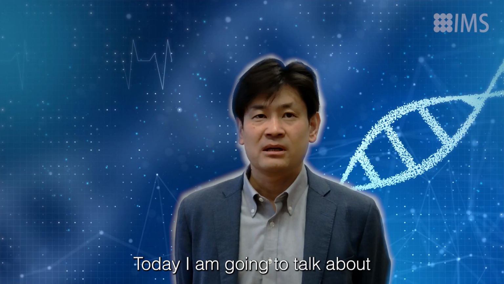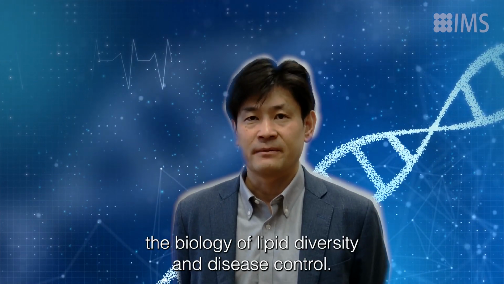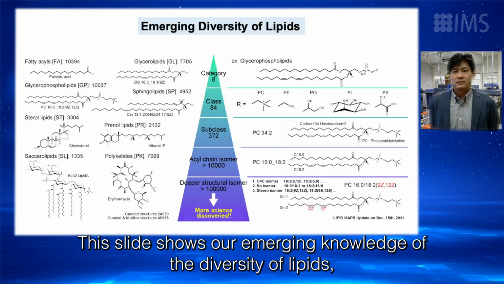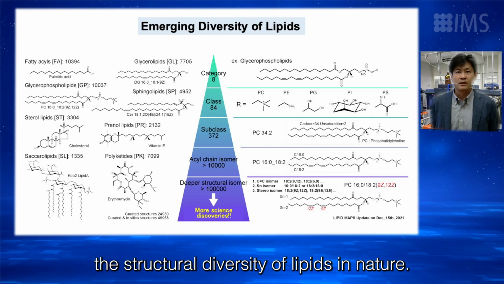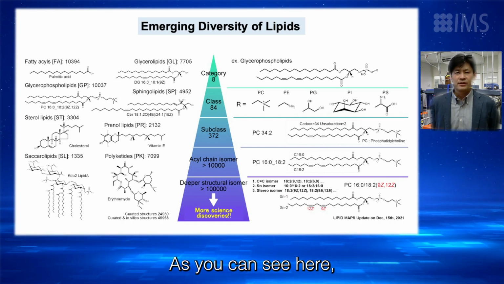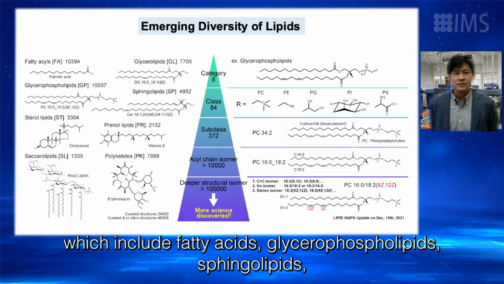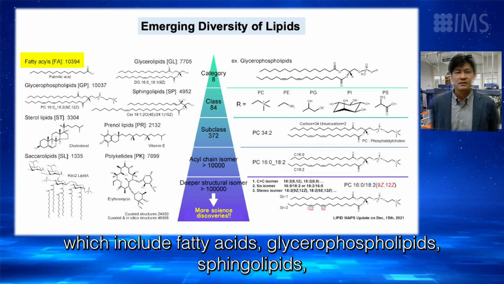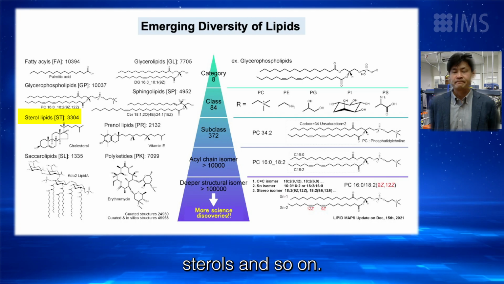Today, I'm going to talk about how cutting-edge lipidomics technology reveals the biology of lipid diversity and disease control. This slide shows the emerging diversity of lipids, in other words, the structural diversity of lipids in nature. As you can see here, lipids are categorized into 8 categories that include fatty acids, glycerophospholipids, sphingolipids, sterols, and so on.